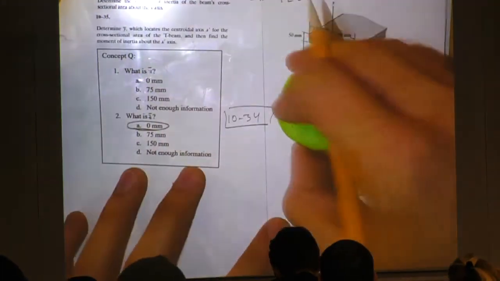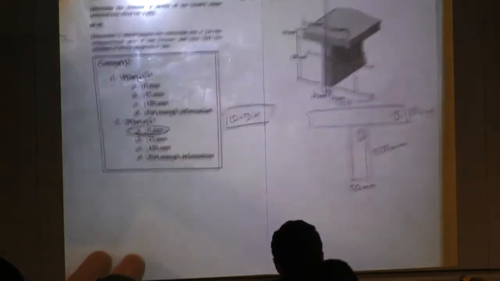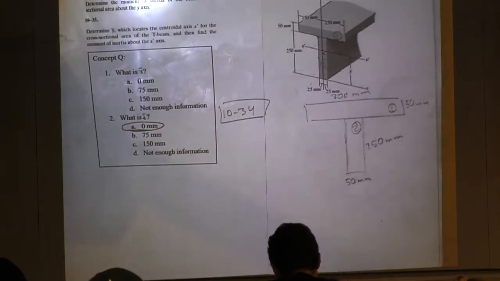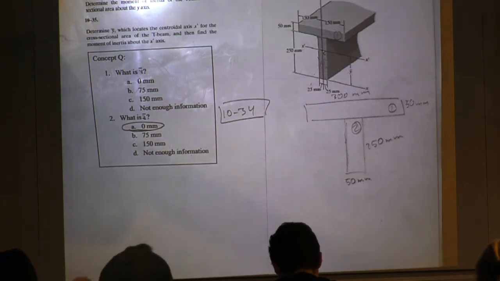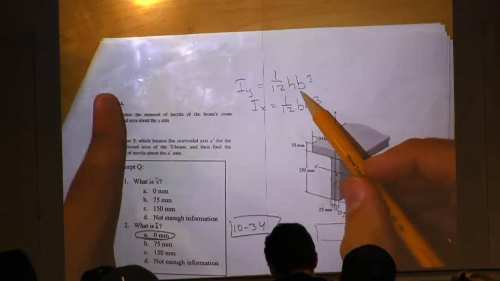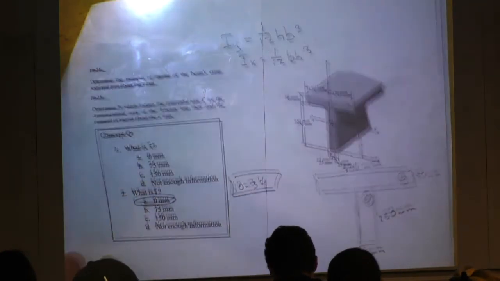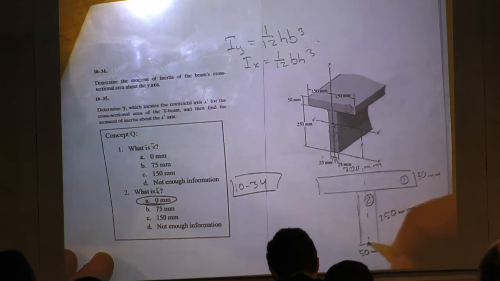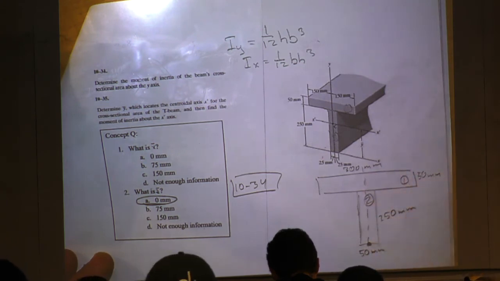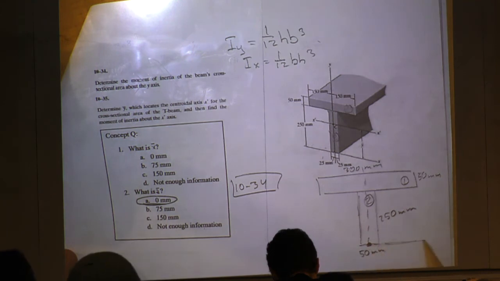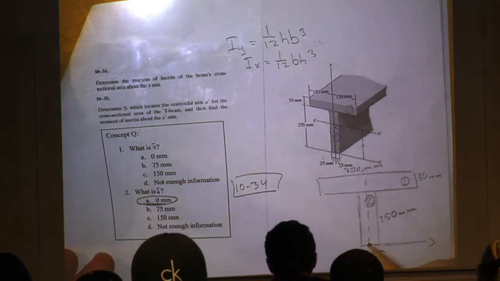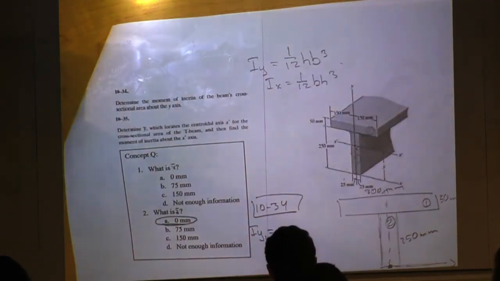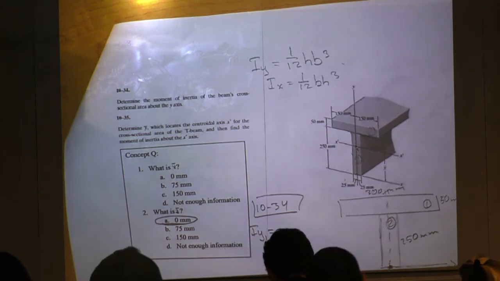I'll just erase this. What I want to do is find my total I_y value. So my I_y is height times base cubed. I'm considering this to be my center, where my x and y axes meet.